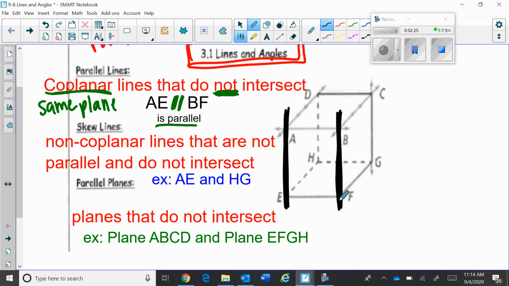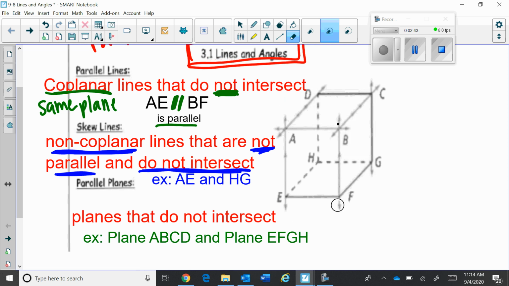Skew lines, it says, are non-coplanar lines that are not parallel, so they're not parallel, but they also do not intersect. So what that means is if you take AE right here, we're not going to take any of its parallel lines, but we're also not going to touch it.